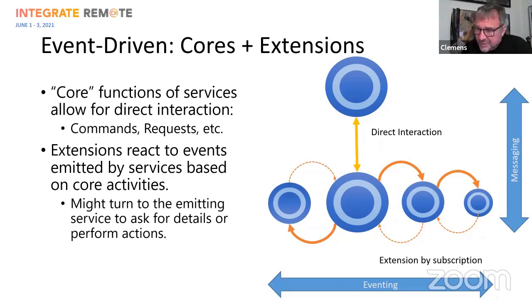One more example, for instance: Azure Blob Storage is a core service of Azure, and simply by extending it with event handlers that are reacting to the blob created event, you can react to files being uploaded that have the JPEG extension.